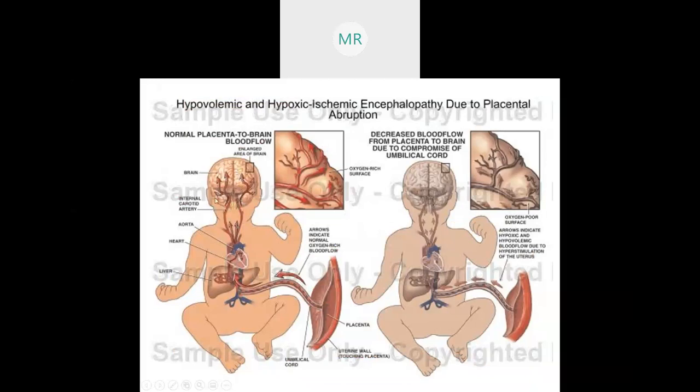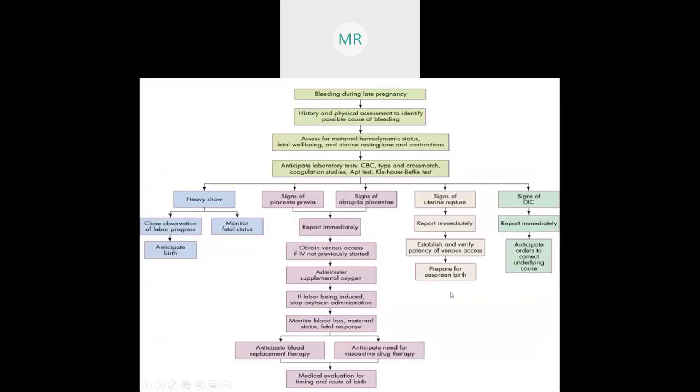See, the little brains are the biggest organ right here. And then all of a sudden you've got decreased blood flow from the placenta to the brain. And you could see, not good. Okay, constriction, not good. Love this picture.